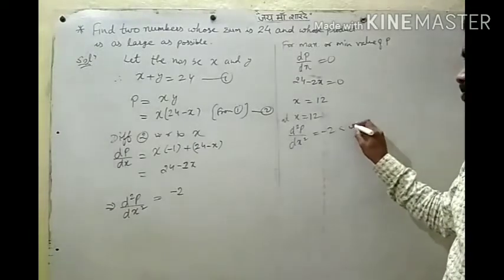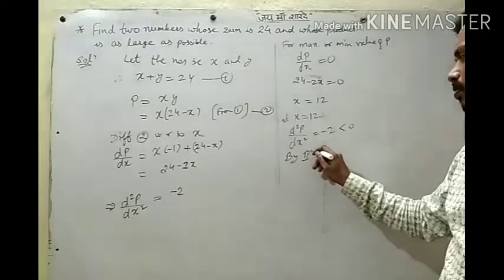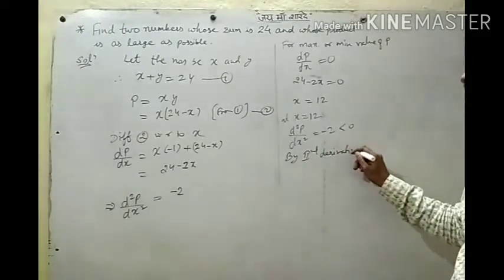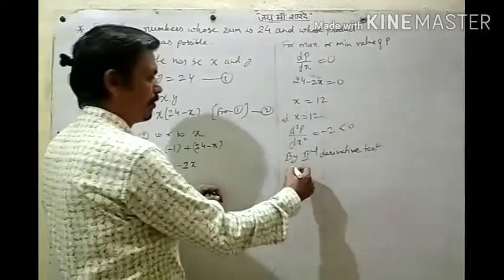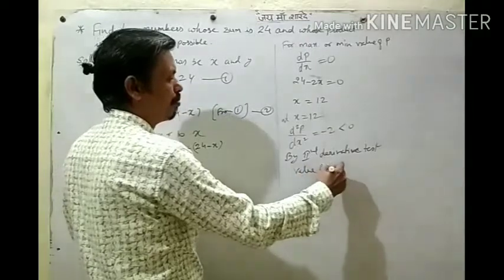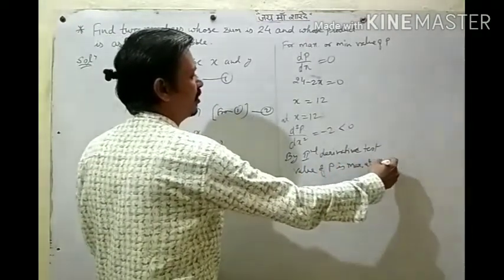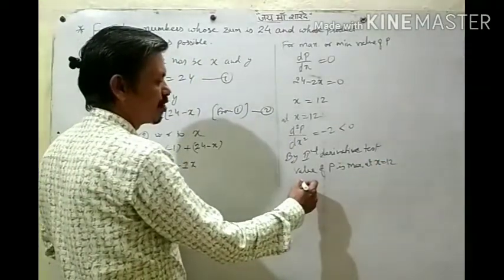Okay. So by second derivative test, value of P is maximum at x equal to 12. Okay. So your x is 12.